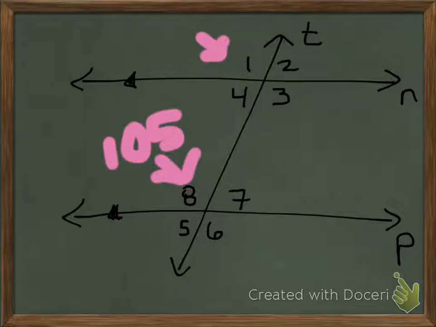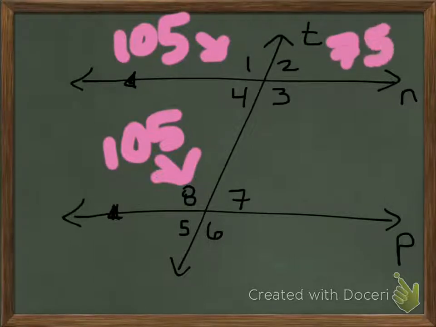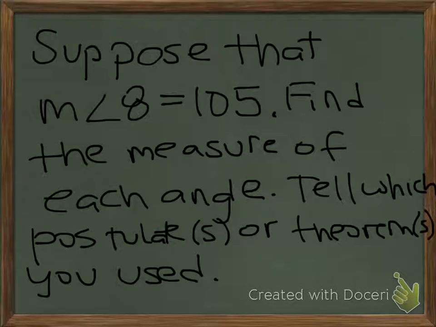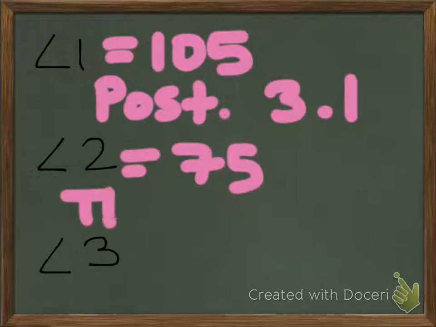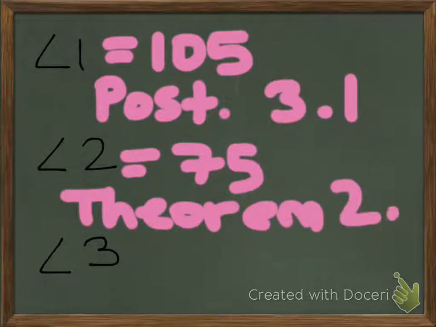If we have 105 for angle 1 and subtract that from 180, we'll get 75 for angle 2. So angle 2 is going to be 75. We're using theorem 2.3, the supplement theorem, which basically states that if you have a linear pair, the two angles would be supplementary.